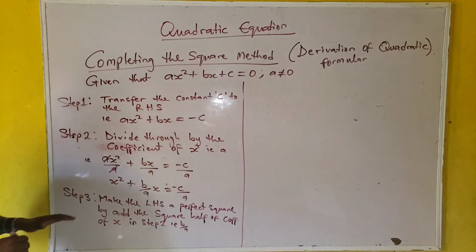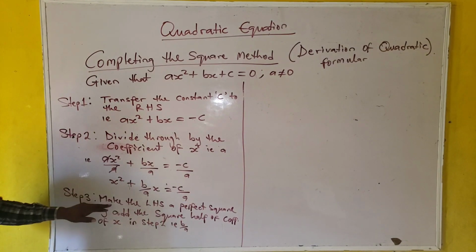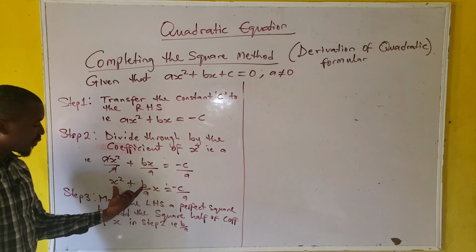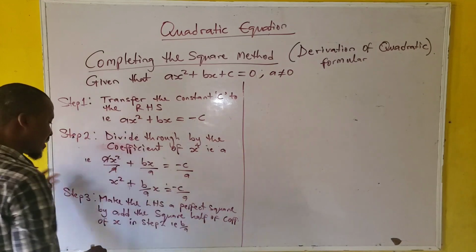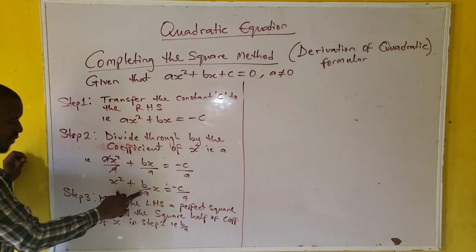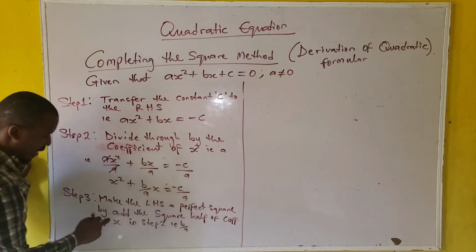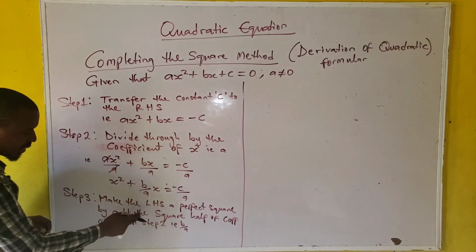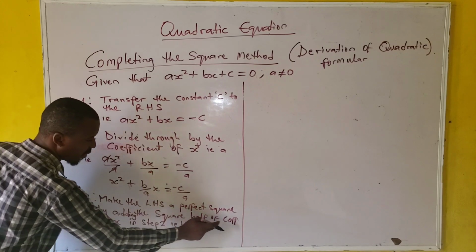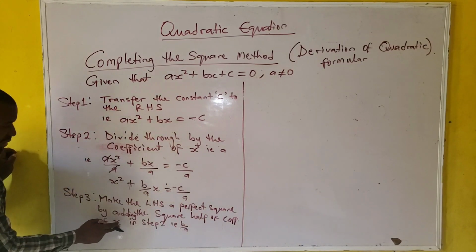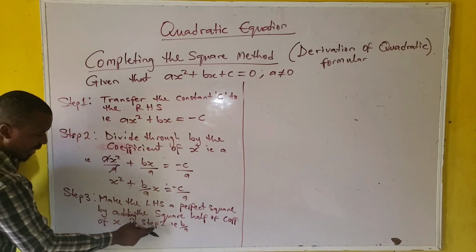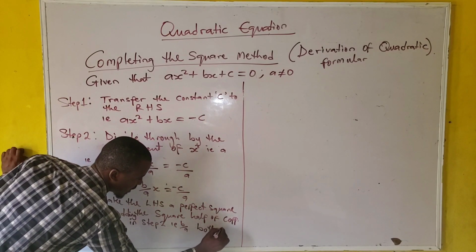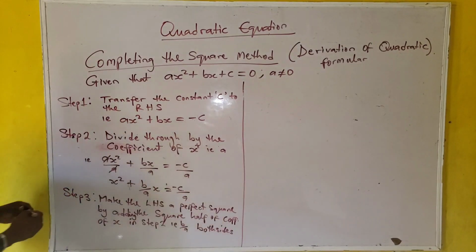Now see what this step 3 is saying. It says that we should make the left hand side, which is this part, a perfect square by adding the square of half of the coefficient of x in step 2, that is this, to both sides.